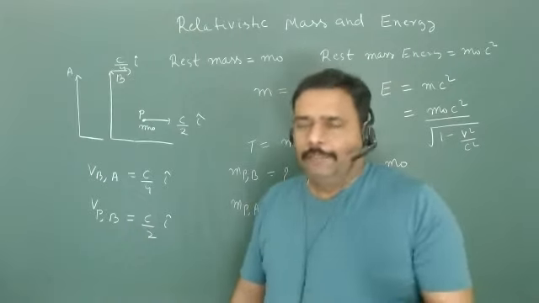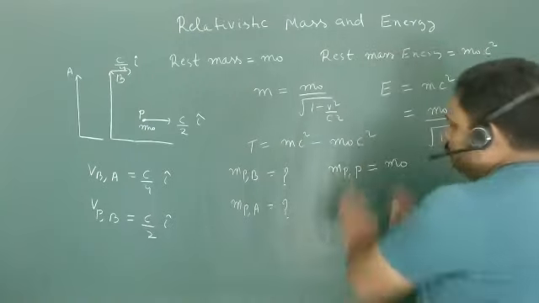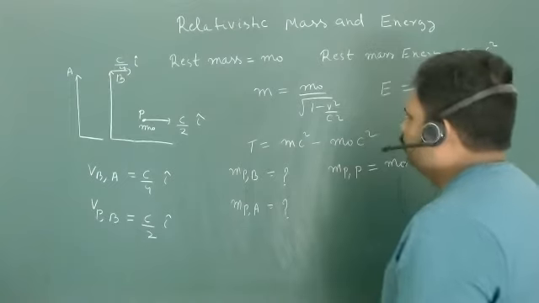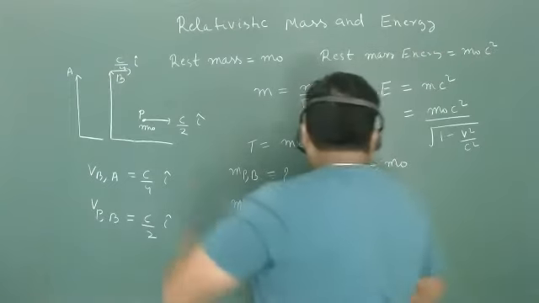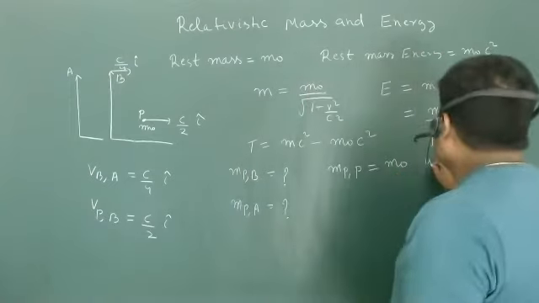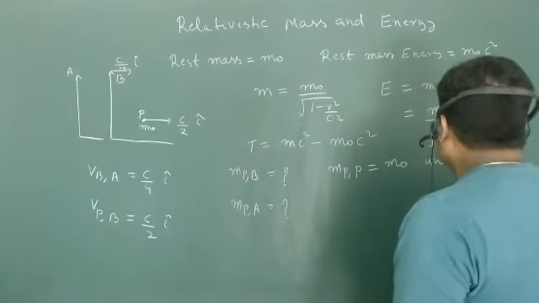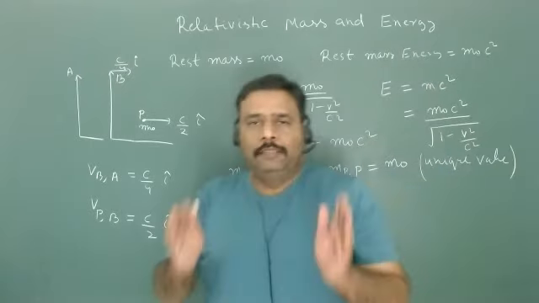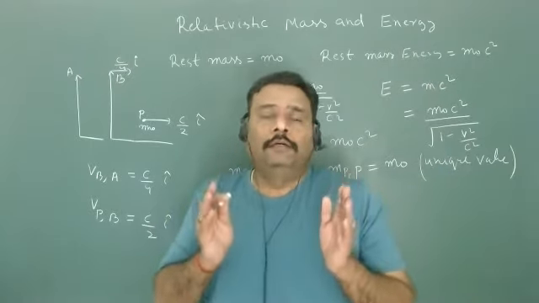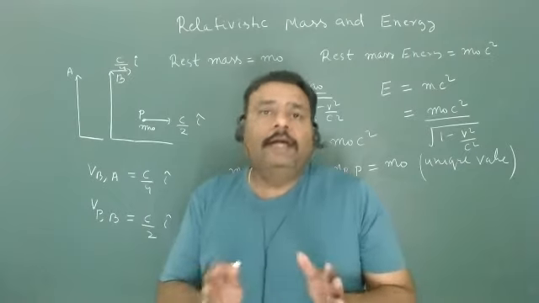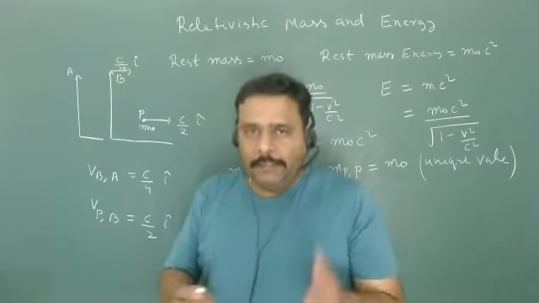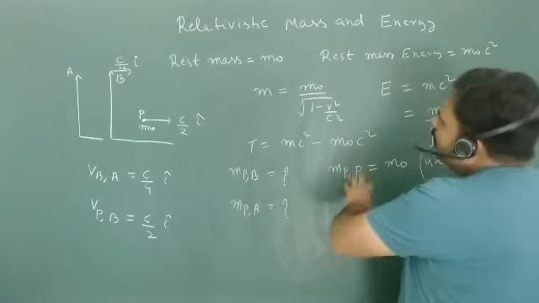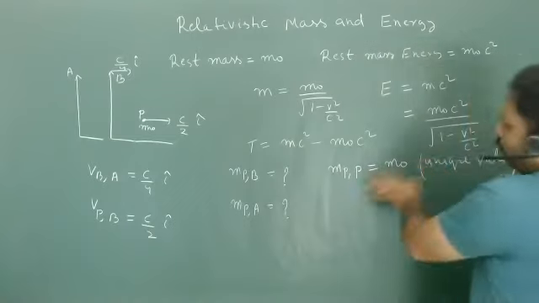Theoretically, you can do this: you sit on the mass and measure its value, and that will always be a unique value. Same like the proper length or the proper time, which are unique values. Similarly, here we have the rest mass, which is actually the proper mass and has a unique value.